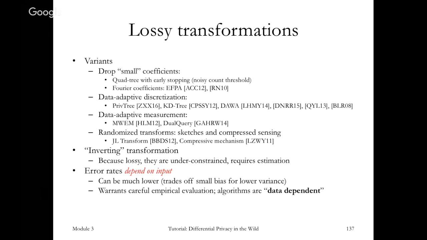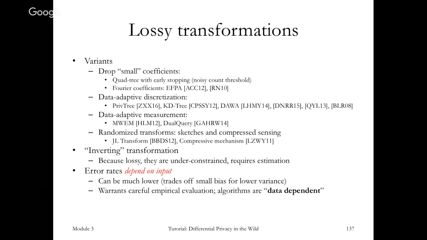There's data adaptive discretization, so instead of building a histogram with a fixed structure, you could have the histogram bin widths designed adaptively based on the data. You have to do this carefully to ensure that you satisfy differential privacy. And then there have been other techniques, including randomized transformations and things like sketching, smoothing, and compressed sensing.